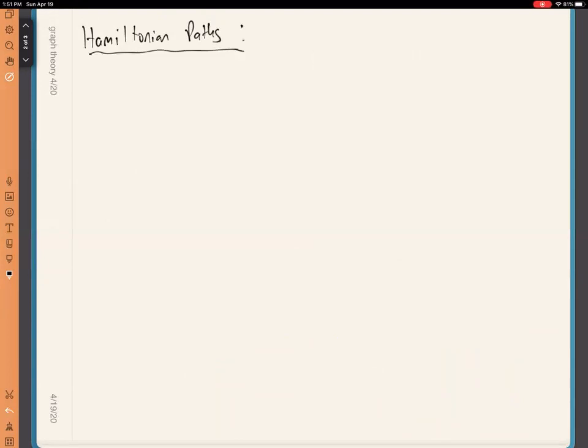Right, and so what is the Hamiltonian path? So it's very similar. Or sorry, let me modify this. We want paths and circuits. Right, and so a Hamiltonian path through a graph or a circuit, well, it's going to be a simple path or a circuit through a graph G that passes not through every edge exactly once, but every vertex exactly once.